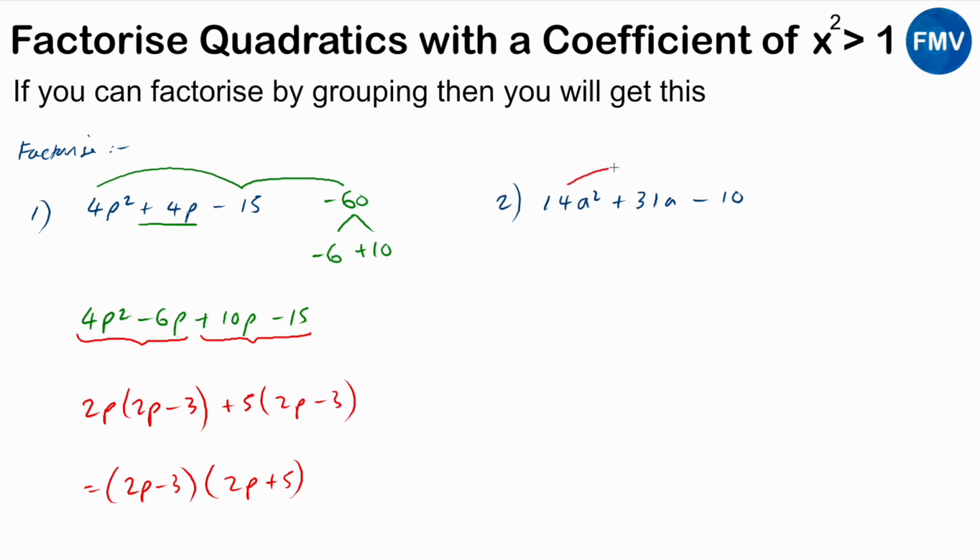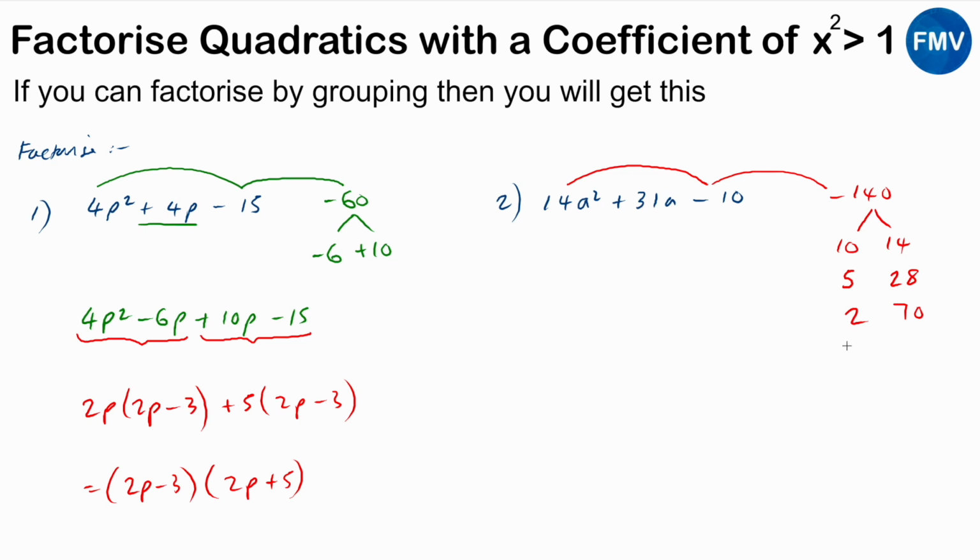Last one. Multiply AC. Get minus 140. Going to start again. Rather than going 1 and 140, I'm just going to go 10 and 14. So I'm not quite close enough to the difference of 31 yet. So I will halve the 10 and double the 14. So 5 and 28, again, still not close enough. So I will go down to 2 and 70. Well, 2 times 70 is 140.